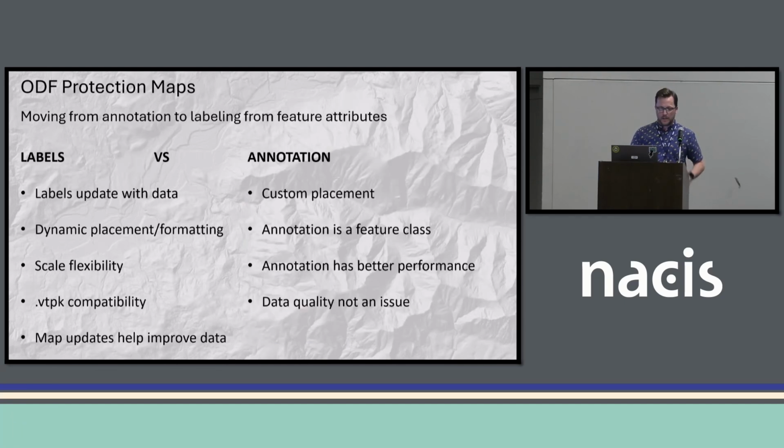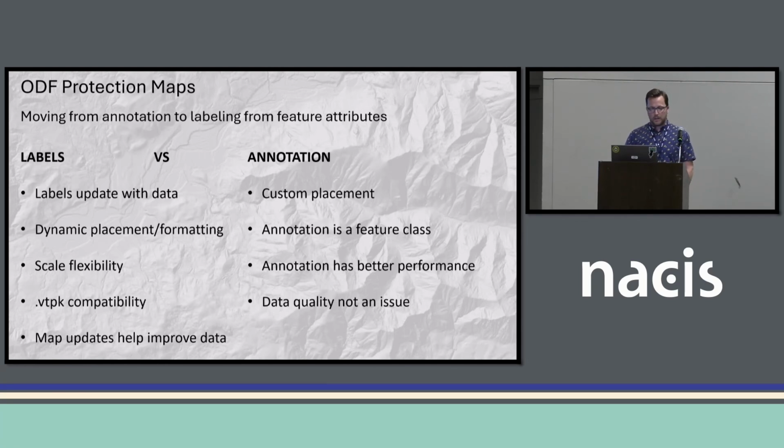And there's some things you have to weigh, whether you're going to use labels or annotation. You know, some of the cons and pros of labels. Labels update with your data, so as the underlying data is edited, those labels will update themselves next time you open the map. You can take advantage of the label engine's dynamic placement and formatting. Scale flexibility is a big one.